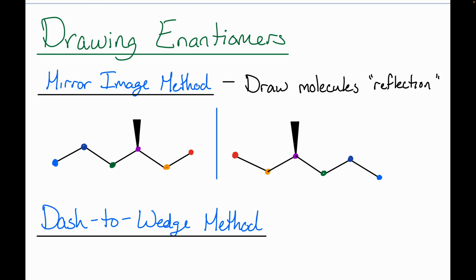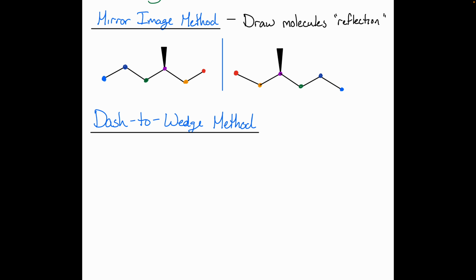All right, so if we take our molecule, we'll take that same example. Okay. If I wanted to draw the enantiomer of this molecule, what I could do is I could take that wedged bond right there and just flip it so that it's a dashed bond.